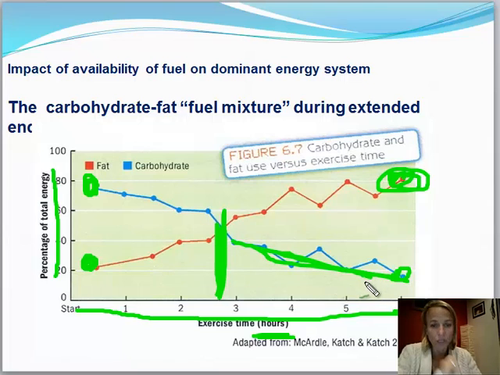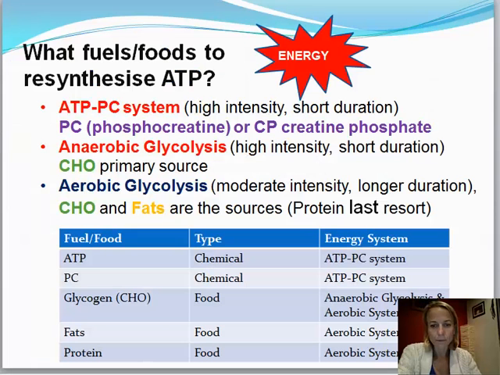The way that we get this carbohydrate is through energy drinks and gels. This is just a good summary table of what the fuels are, whether it's chemical or food, and which energy system it can be utilised to produce ATP.